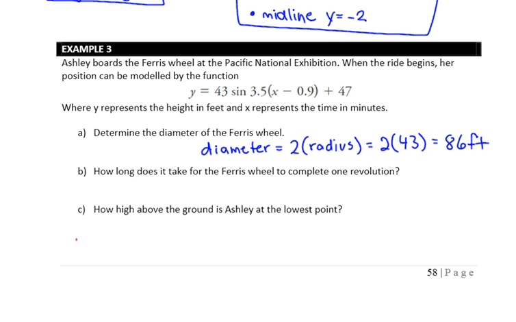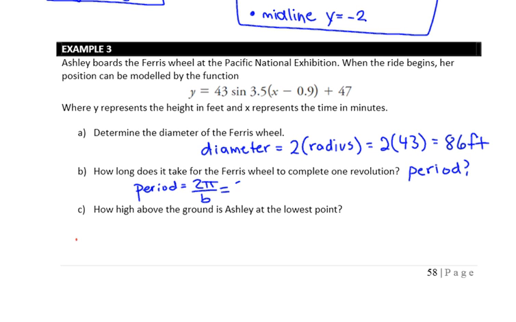Okay. How long does it take the Ferris wheel to complete 1 revolution? So what are they really asking for? Period. That's really asking for what is the period. And we get the period by which formula? What's the formula for period? 2 pi over b.